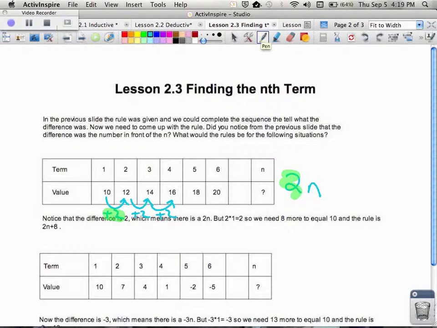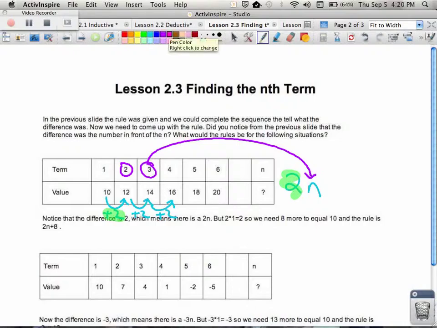Then, I noticed that, for example, if I wanted my second term, actually let's go with the third term. If I were to plug the 3 in for the n, I would have 2 times 3, which is 6. Uh-oh, I actually see a 14 down below the 3. So I got a 6, but I end up with 14.